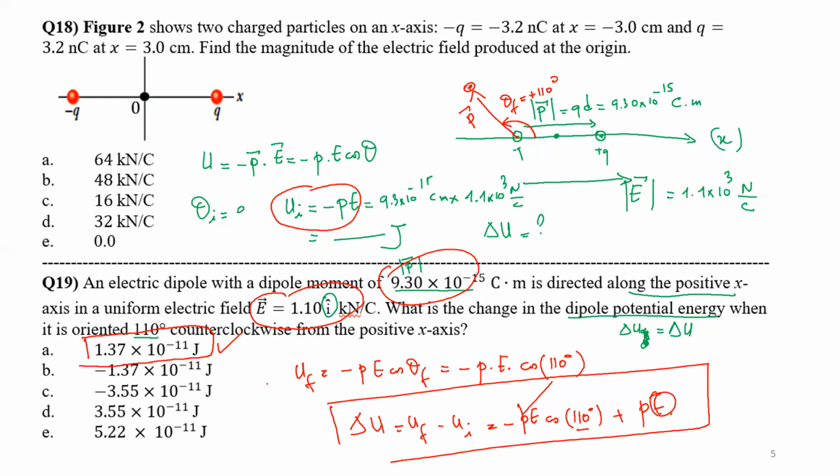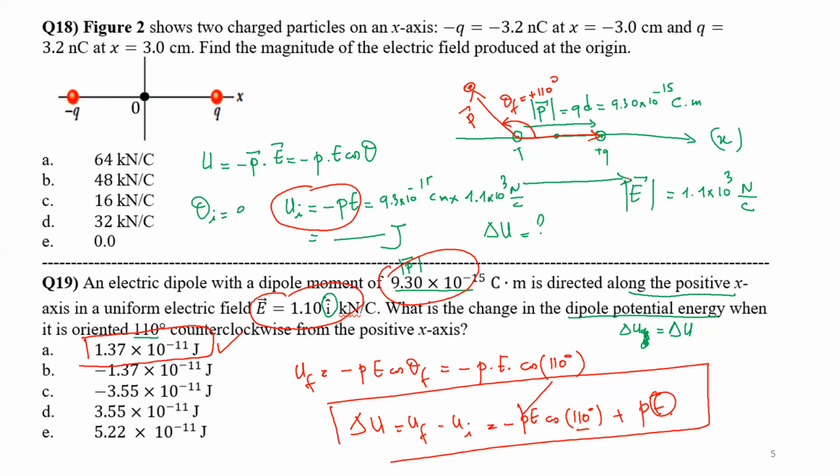And you see it's positive. What does it mean? That means that I have to apply a force to make it happen, because actually when my dipole moment is along the electric field, I have an equilibrium position, a stable equilibrium position. So I want to stay there.